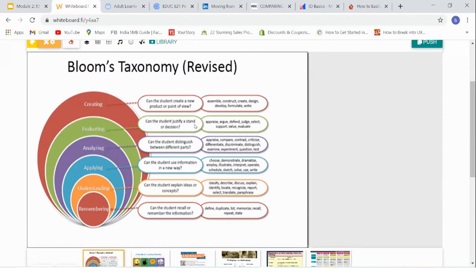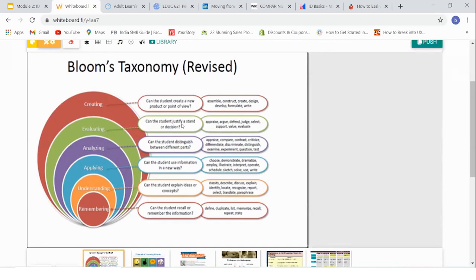Can the student justify a stand or a decision? You remember we were asked, justify your answer. So this is the thing. Over here, in the objective you will ask the student to appraise, argue, defend. You will use these words which will match evaluating the student's knowledge.